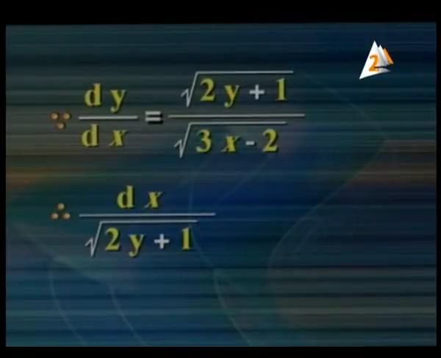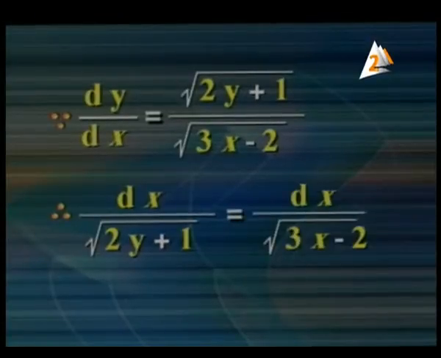Therefore, when we multiply by cross multiplication, we have the function dy over square root of 2y plus 1 equals dx over square root of 3x minus 2.